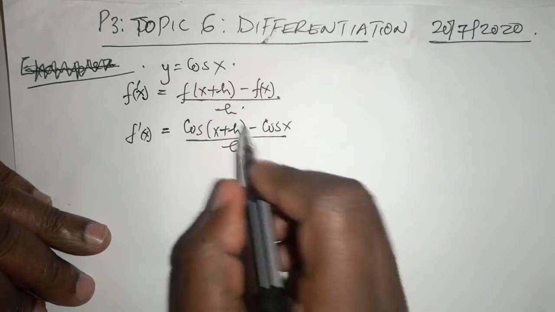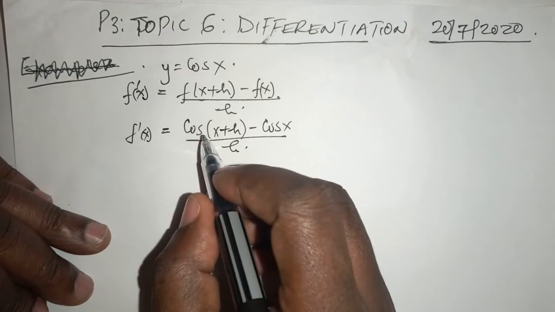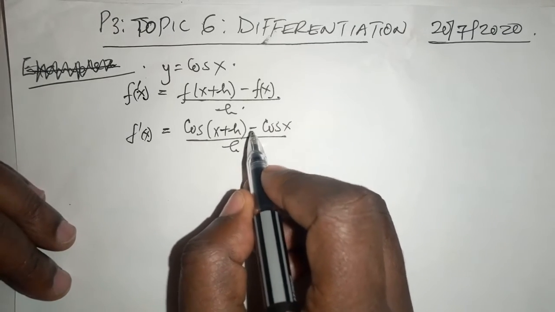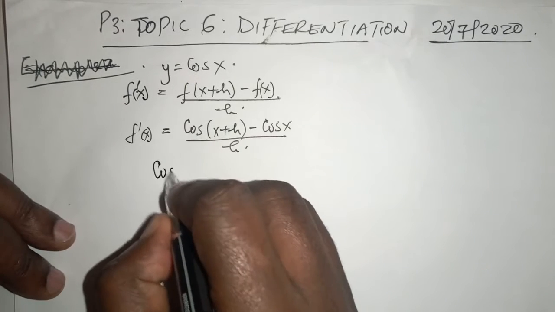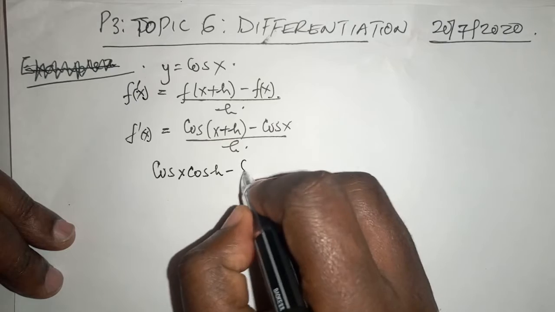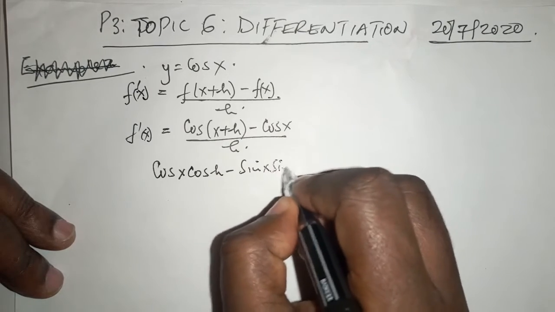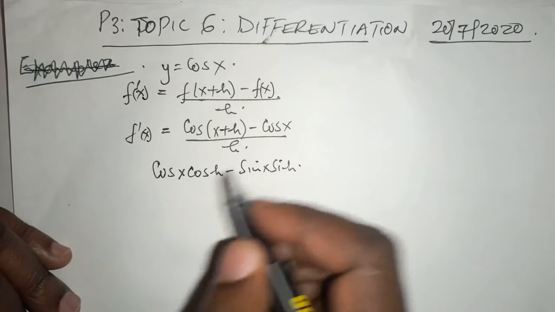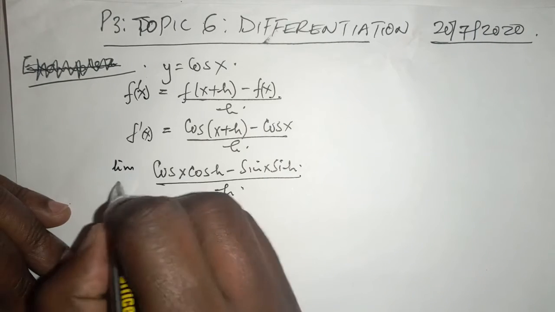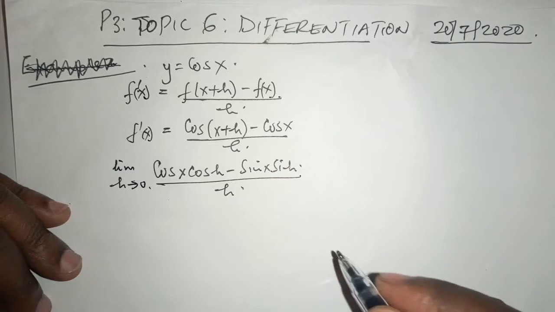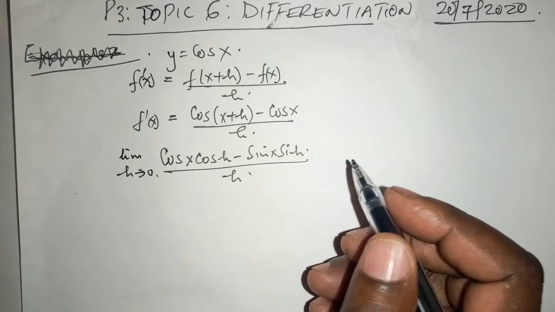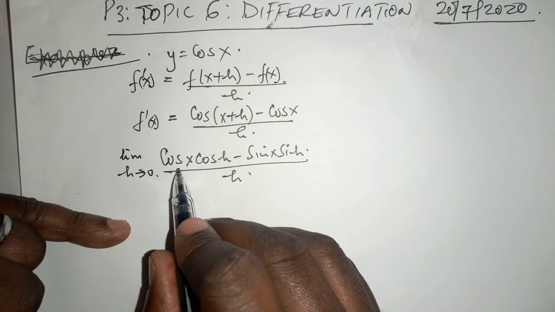It follows, according to the addition angle formulae, that the cosine of x plus h is given by the cosine of x cosine of h minus the sine of x sine of h, everything over h. And of course, remember, this is as h approaches 0. Fine.